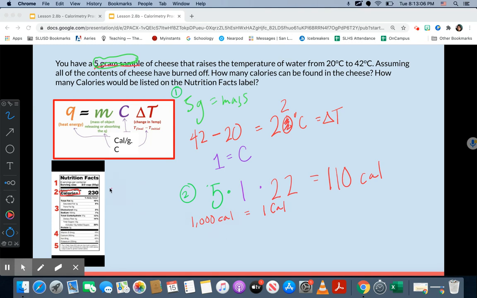If I told you that this actually is 230,000 calories, it might freak you out a little bit and make you not want to buy this food. So the units mean something different when they're a capital letter, but it's not very explicit.